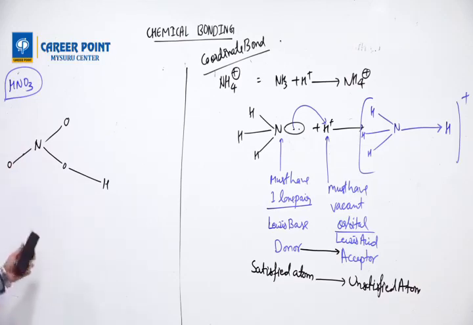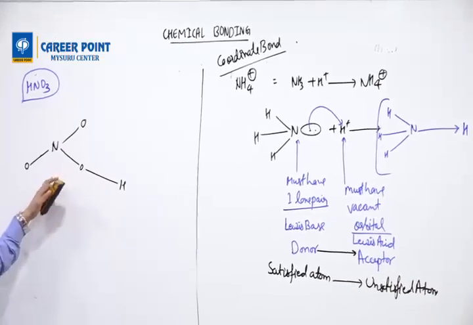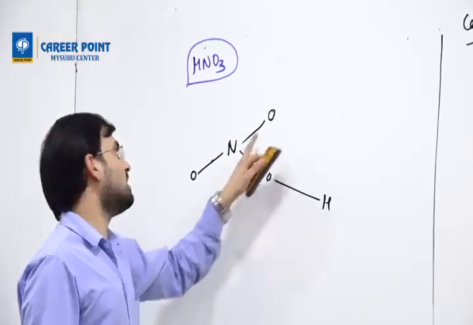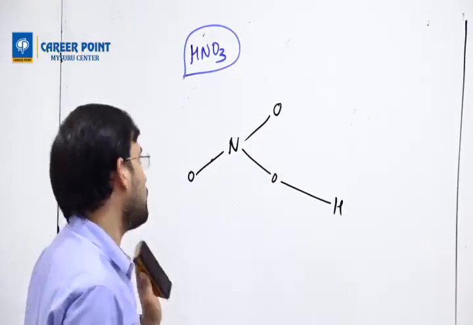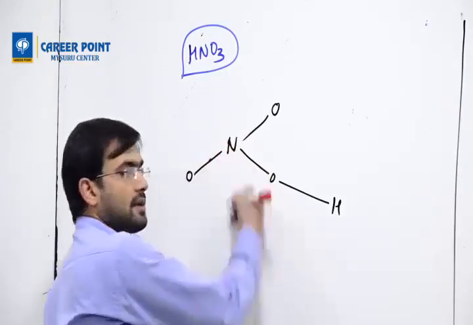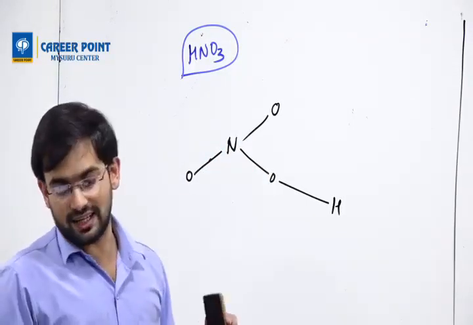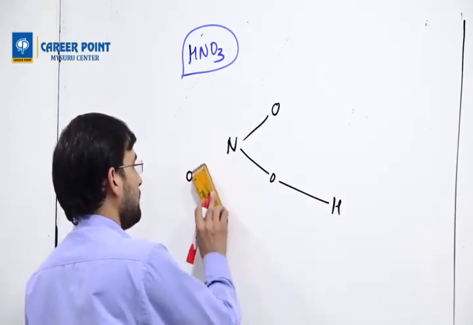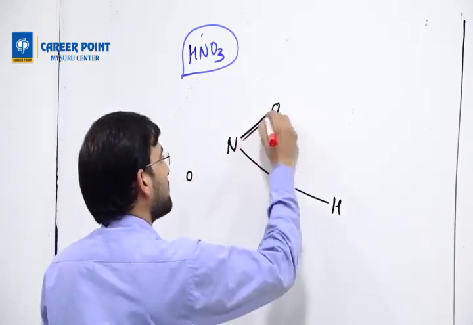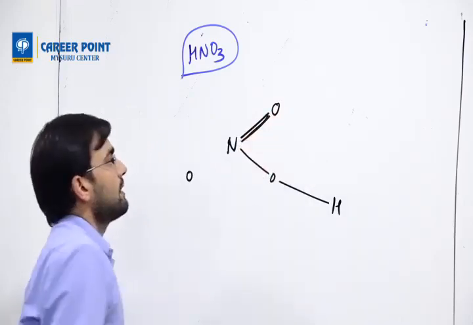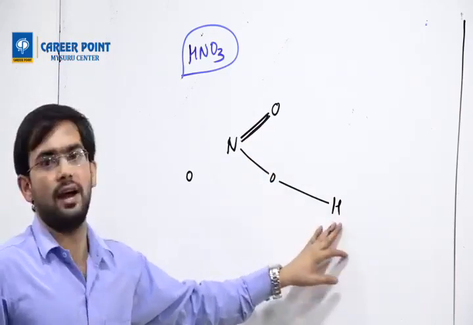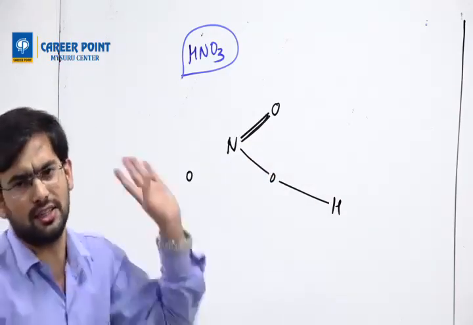The problem is that this oxygen got satisfied, but these two oxygens are not satisfied. But if I try to draw a bond, the nitrogen valency is getting unsatisfied. So what we do, I don't draw here. I connect only this. If I do this, this oxygen satisfied, this oxygen satisfied, hydrogen satisfied, nitrogen, everything is satisfied.